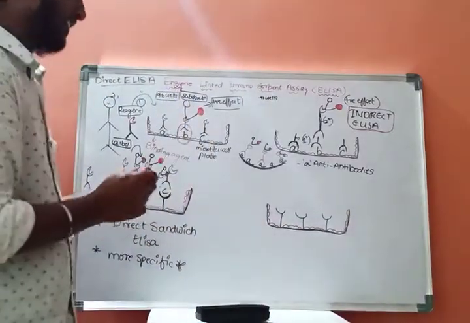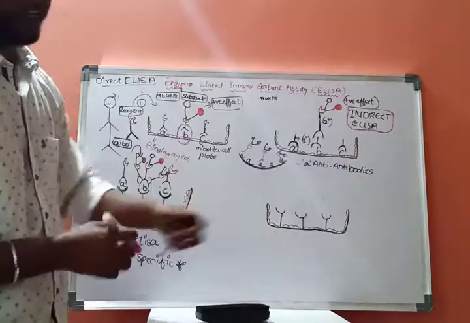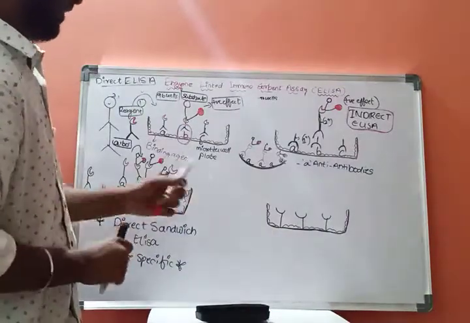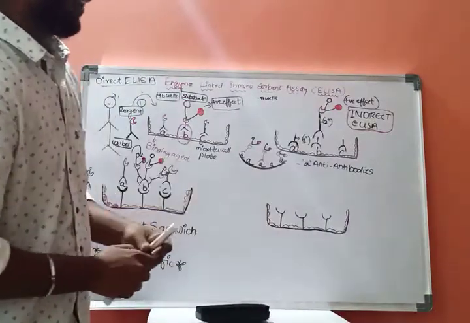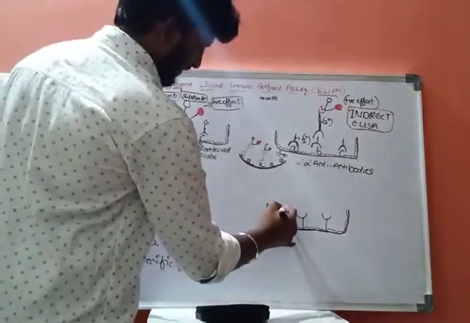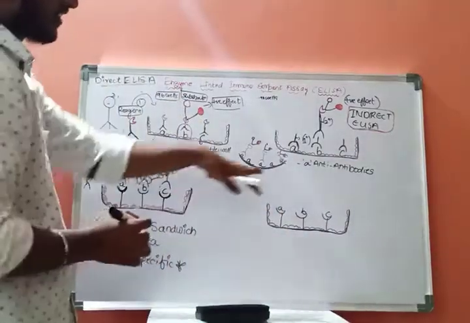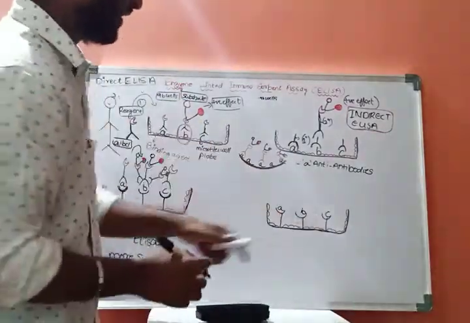This is a binding agent which is poured on the surface of this microtiter well plate. Now, after the binding agent is poured, antigen A, antigen B and antigen C are poured on the surface of this microtiter well plate.